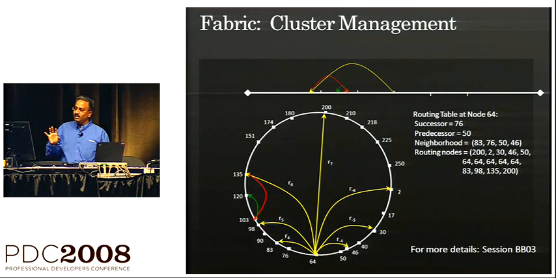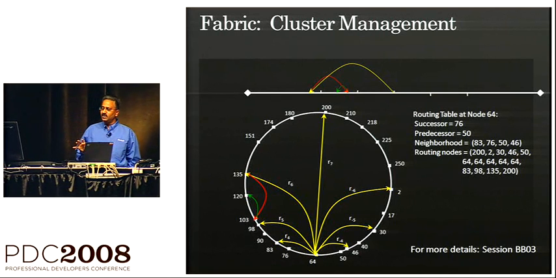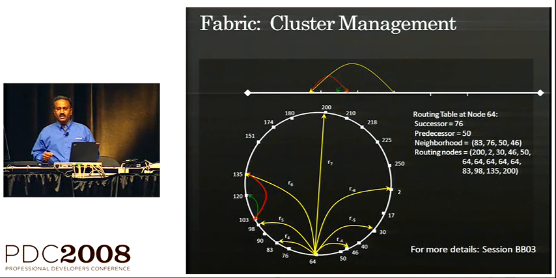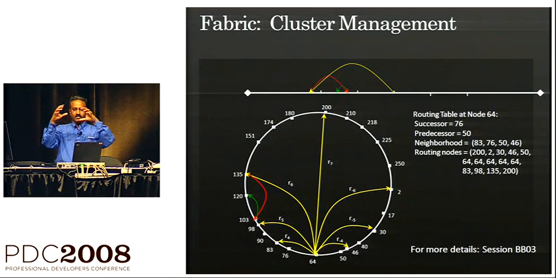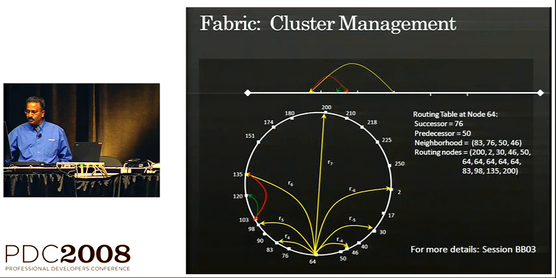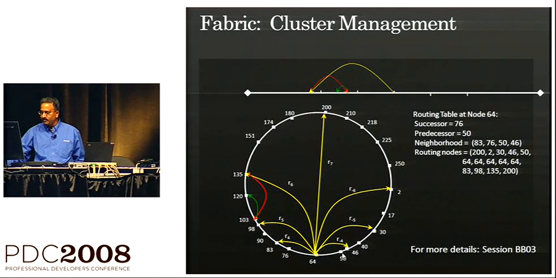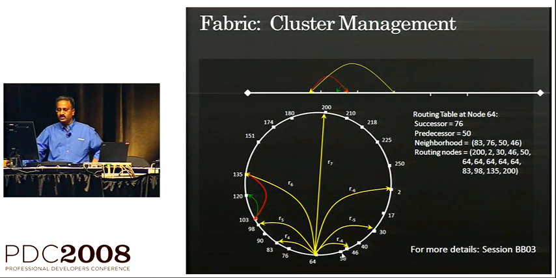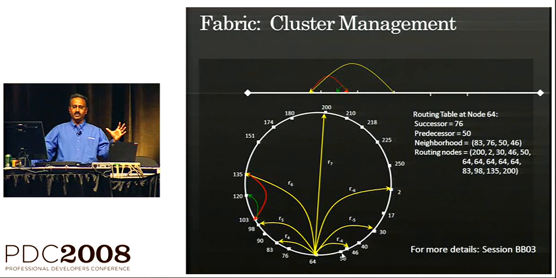But fundamentally, the way the clusters are managed is, think of it as a ring, and all your cluster nodes are configured in a ring, and every node is watched by some neighbors. In this case, the example is you have node 64, and the immediate neighbors are 76 and 50. But there is a notion of a much larger neighborhood.